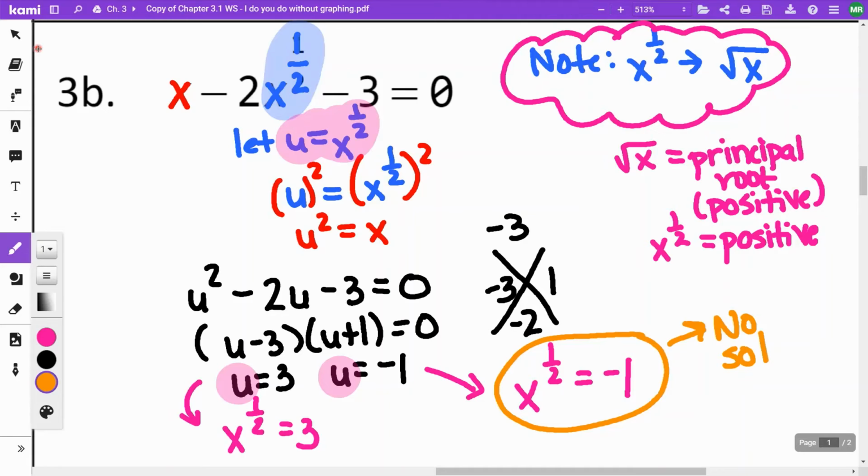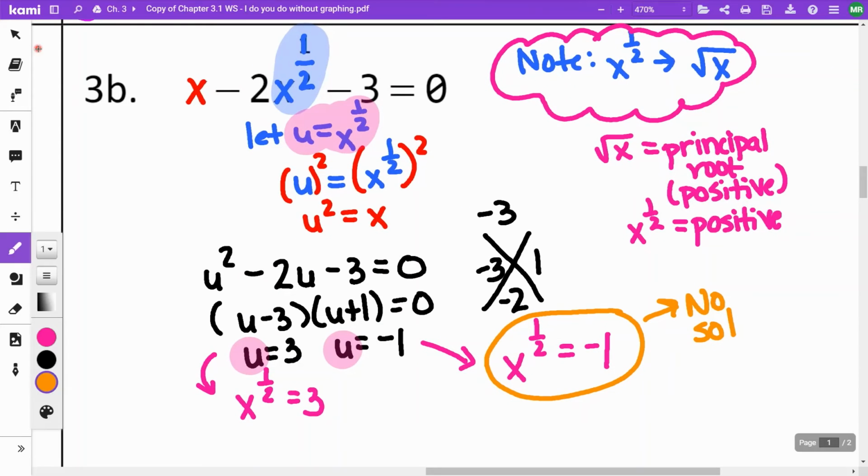Now, for the other one, how do I undo x to the 1/2? Well, again, if you're trying to get rid of an exponent, raise it to the reciprocal of that. So I'm going to raise this to the power 2. I'm going to rewrite it so that I have the original problem here.